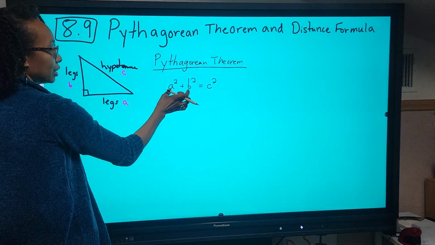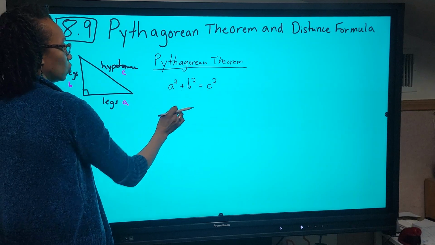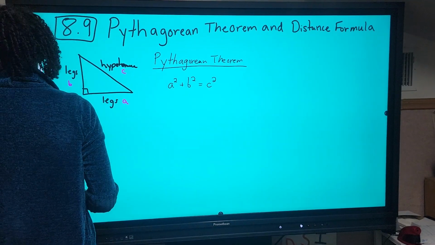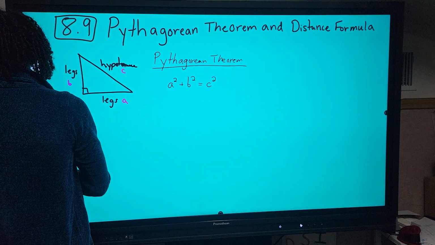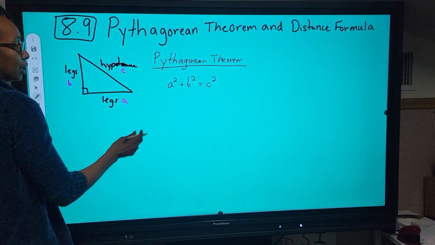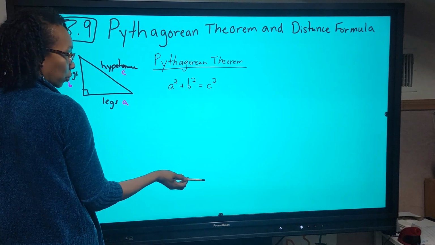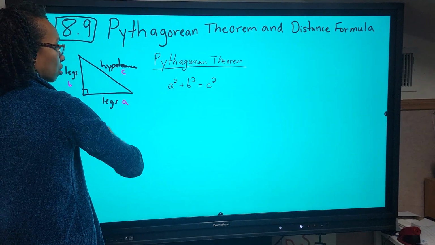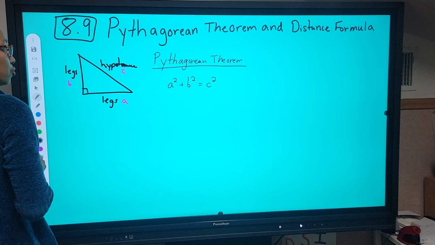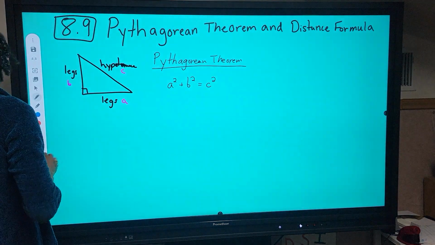By adding together the square of the two legs, you will get the square of the hypotenuse. So they're going to give us some problems where we know some of these values and one of them we don't, and then we'll use our skills to solve for the missing term.